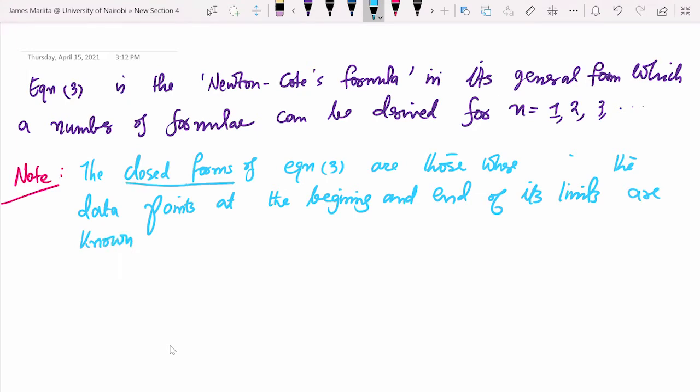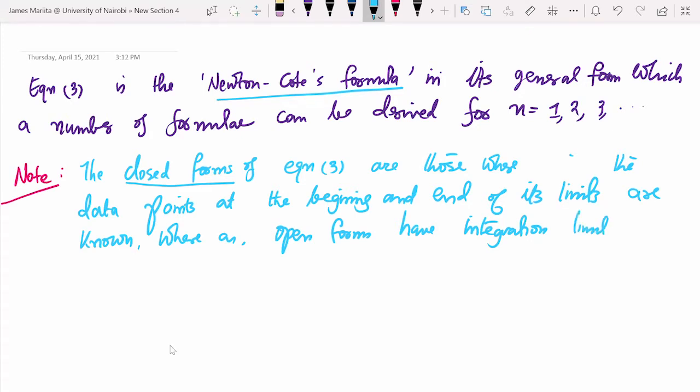When we talk about the closed form of the Newton-Cotes formula, this is a case where the data points at the beginning and at the end of its limits are known, but we also have another form, that is the open form, whereas open forms have limits that extend beyond the range of the data.